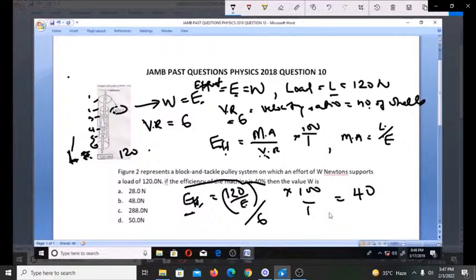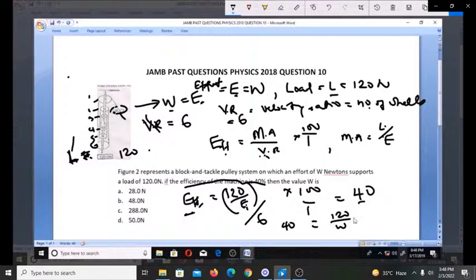So what is left for us is to make E the subject of the formula, which is the effort. And we know that E is the same thing as W. So we now have 40 is equal to 120 over W. In place of E now we are putting W because it told us that E is equal to W. The effort is W newtons.